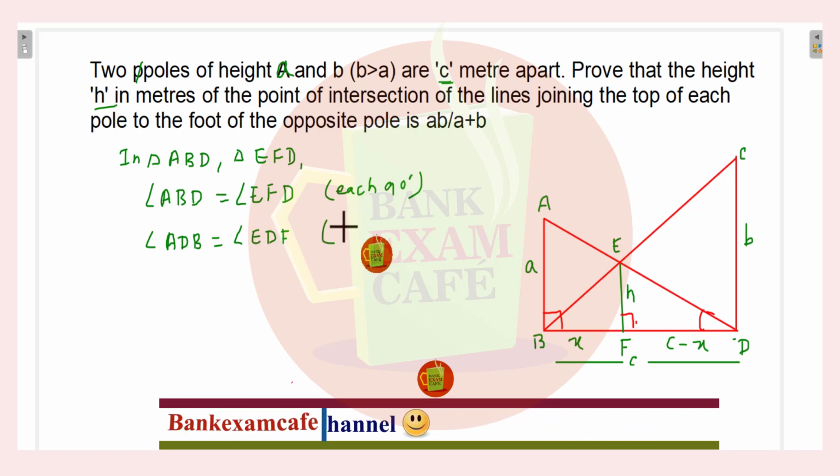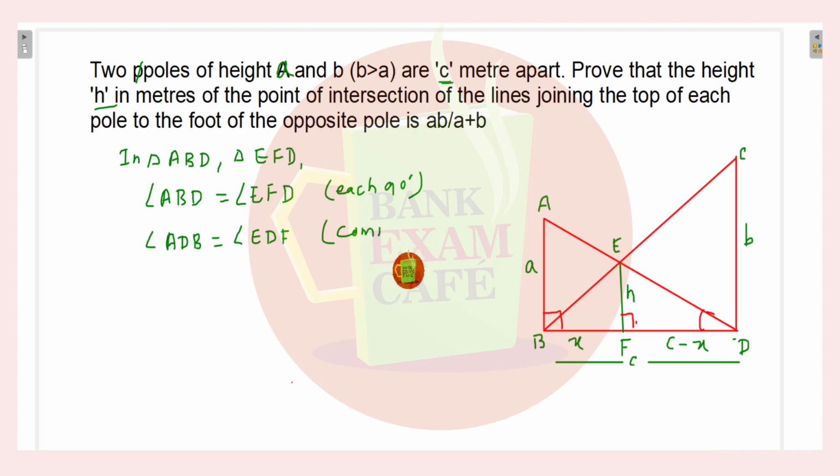These two are equal because it is common to both the triangles, and therefore by AA criteria, triangle ABD is similar to triangle EFD.